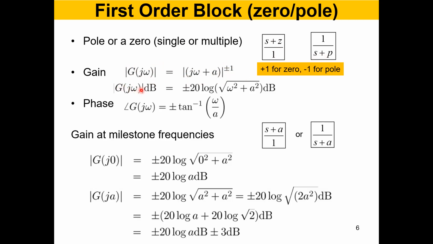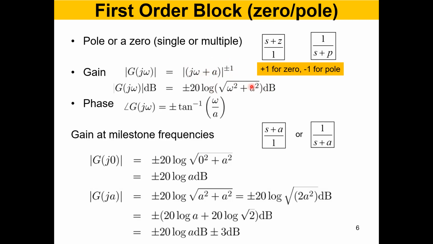When you convert this into dB representation, you have to calculate the log of this. As you know, the magnitude of this complex number is the square root of the real part squared plus the imaginary part squared.